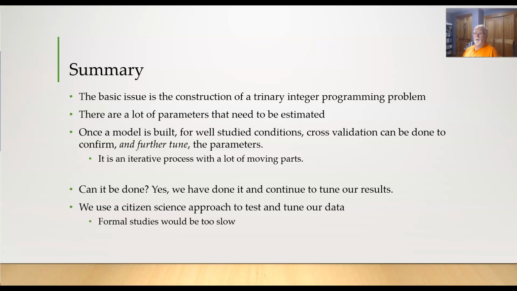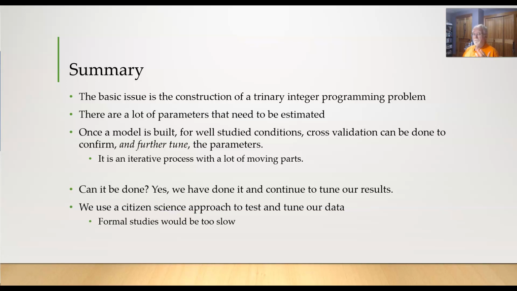Each way of estimation is different, and the estimate determines what the suggestions are. Once a model is built for well-studied conditions, cross-validation should be done to confirm and further tune the parameters you're using so that you're getting better predictions, so it's consistent with clinical studies. It's an iterative process with a lot of moving parts.